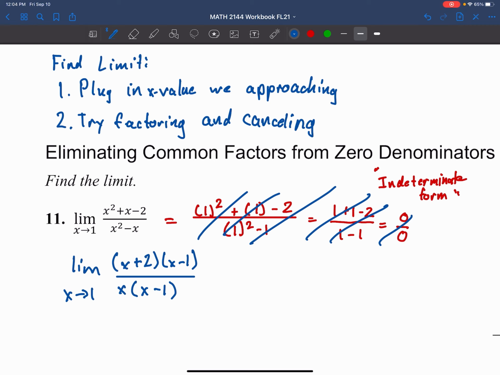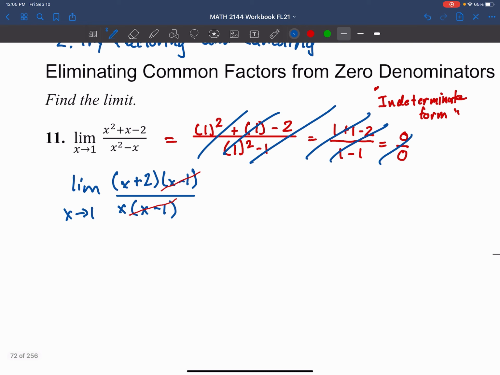So again, I just factored the numerator and the denominator, but we see there is this common x minus 1. Whenever you try to find the limit and you get 0 over 0, there's going to be a common factor. So what we now have is that the original limit is equal to the limit as x approaches 1 of x plus 2 over x.